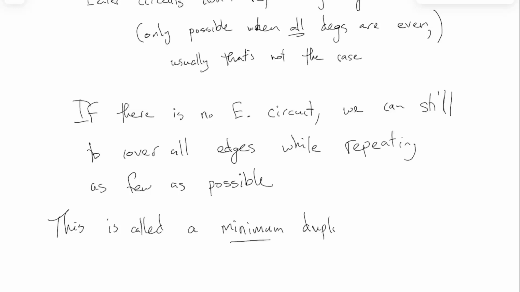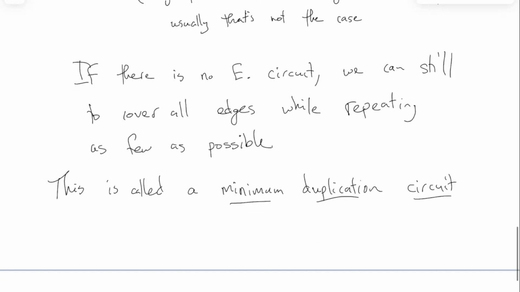Minimum duplication circuit. It is a circuit which covers every edge and repeats as few as possible. Right? Cover all the edges while repeating as few as possible. I'm usually going to write min dup circ just because it's too long to write minimum duplication circuit. All right?